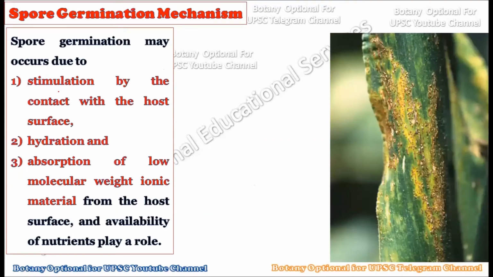See, spore germination may occur due to three factors. There are three factors which are responsible for spore germination on the plant surface. The very first is stimulation by contact with the host surface.